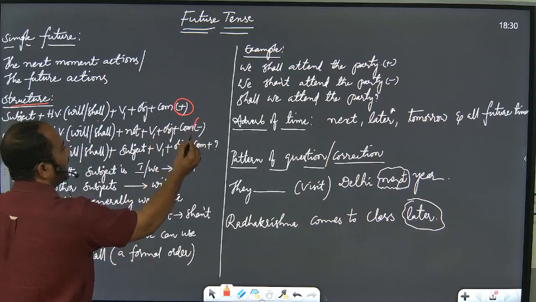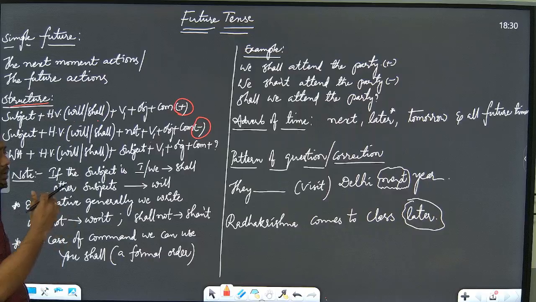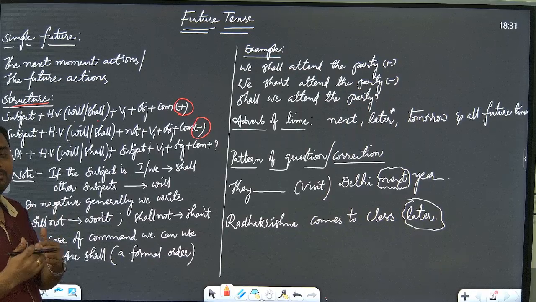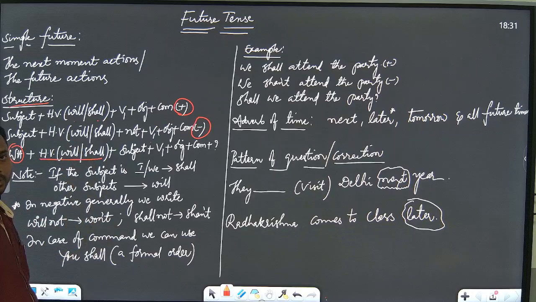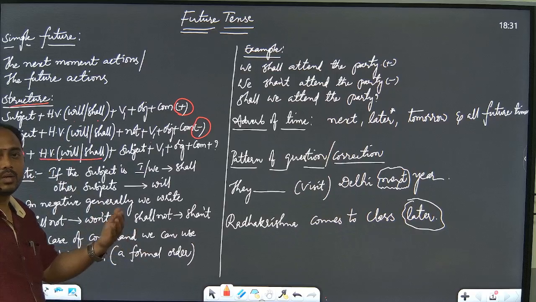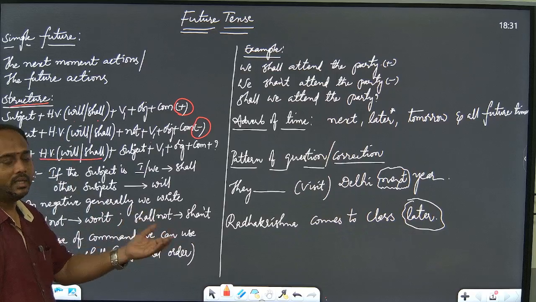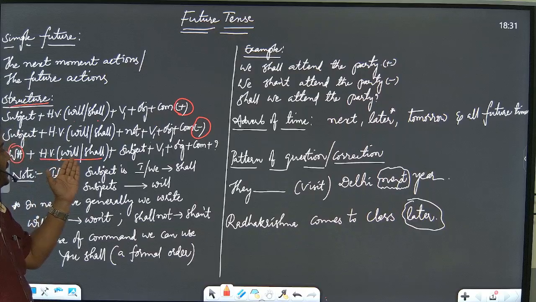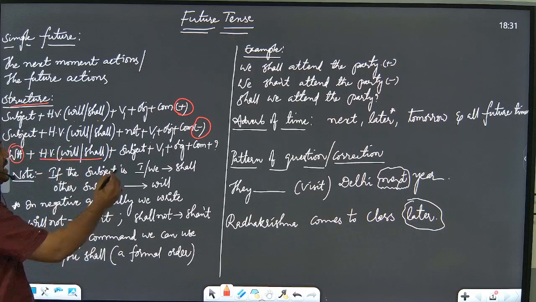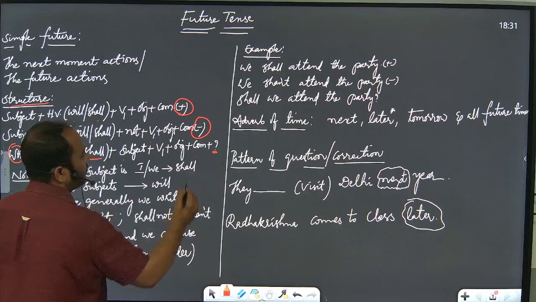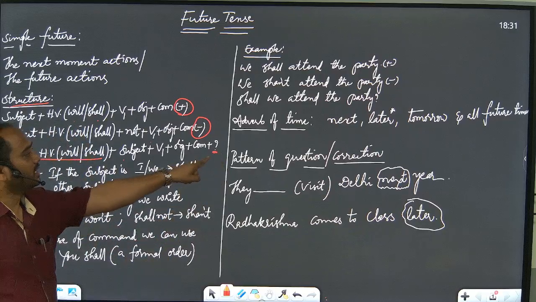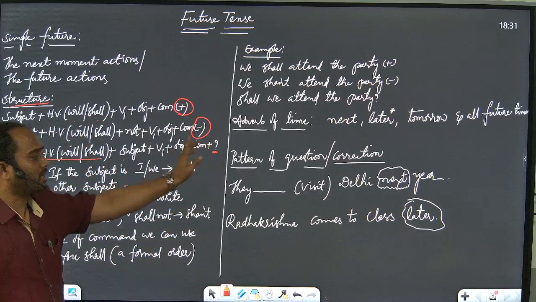Whenever you want to frame a question in simple future, you can start the sentence with a WH word like when, what, where, how many, or directly with the helping verb, followed by subject plus V1 plus object plus complementary along with the question mark. As it is a question, it has to be represented through a question mark.